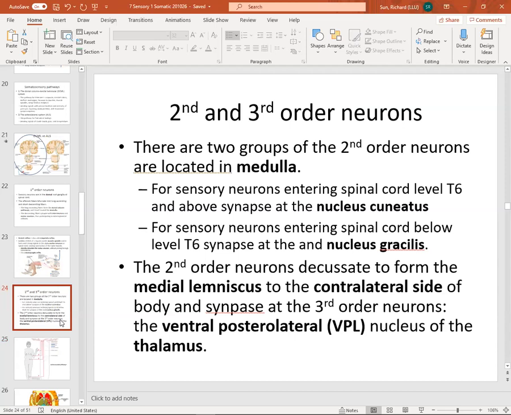And then this one will reach into the thalamus, in a particular region of the thalamus, the ventral posterior lateral region. The second order neuron from the medulla sends signal through the medial lemniscus to the contralateral side and then reaches the thalamus.